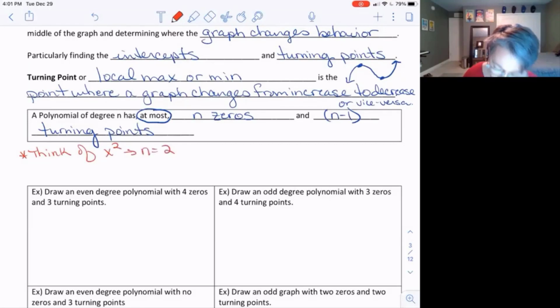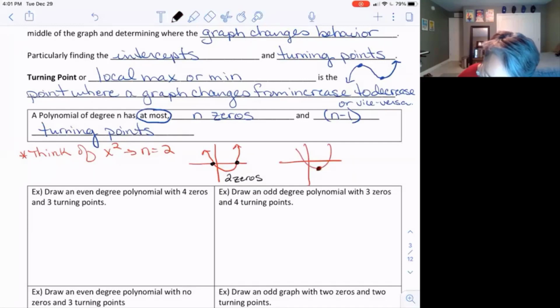So our n is 2. So for any parabola, you will have at most 2 x-intercepts or zeros and 1 turning point.